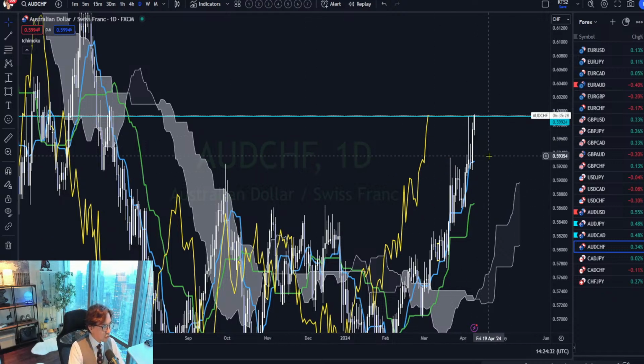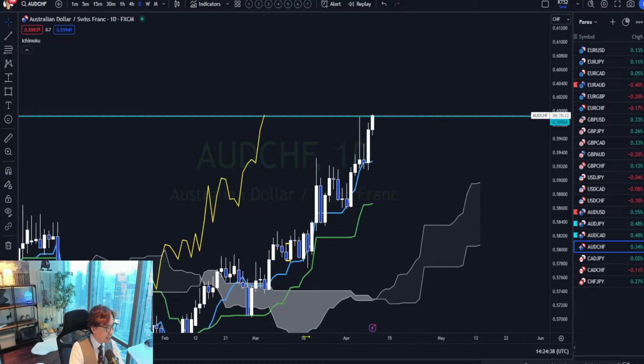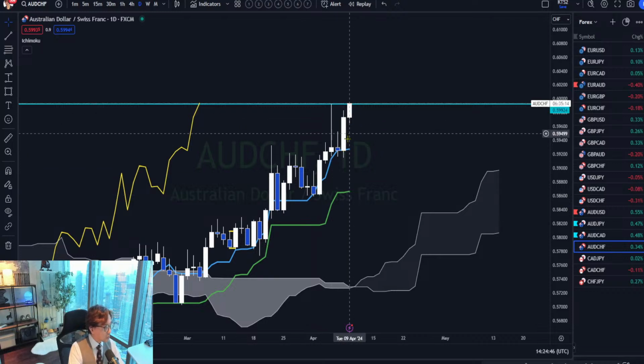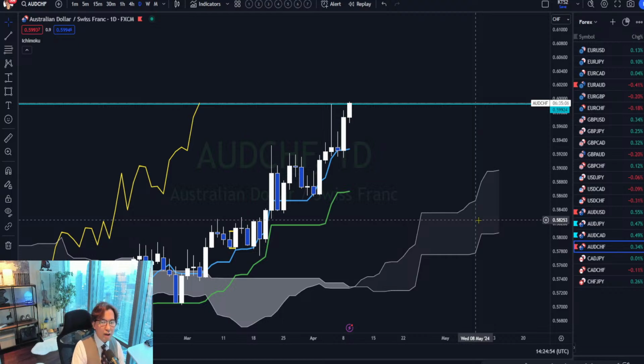So the market is bullish. AUD Swiss franc is still okay to trade because it has been supported by the Tenkan-sen here and here, on 2nd of April and 8th of April. So buying pressure is quite strong on AUD Swiss franc. So I mark red because this pair is also good to monitor this week.